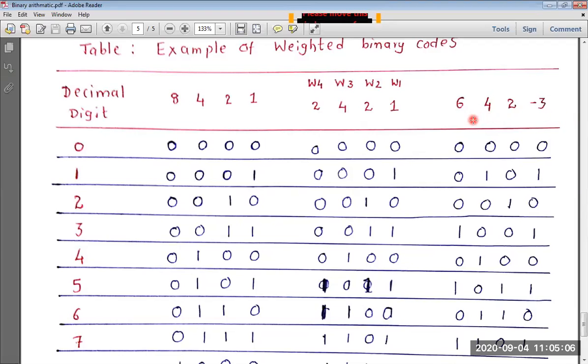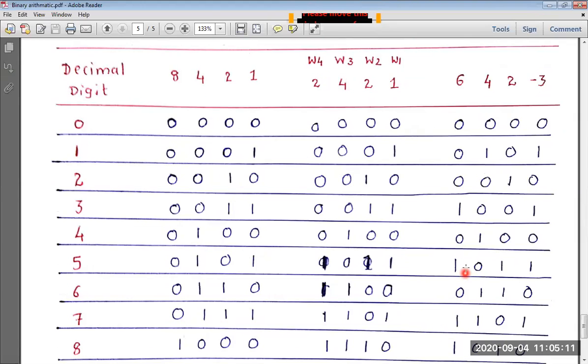So let's see now, if there is a number here, how do you get its equivalent decimal digit? Let's use 1011 in 642 minus 3 code as an example. Multiply each digit with its weight and sum all those numbers.